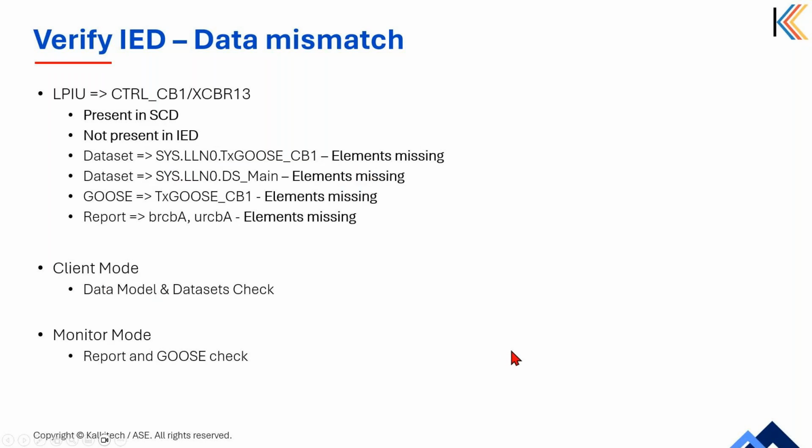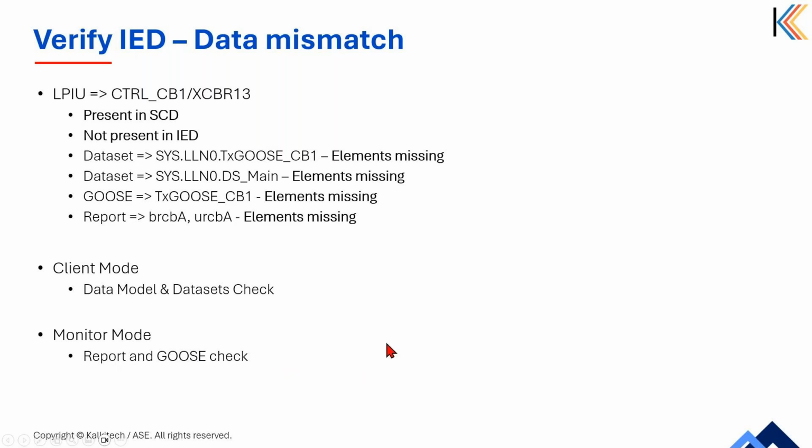Now let us go back to the monitor mode, where client and server are running with the same model, which is the modified file, and the monitoring device is running with a different original SCD file. So we'll see how the monitoring device will be able to detect the report and GOOSE.